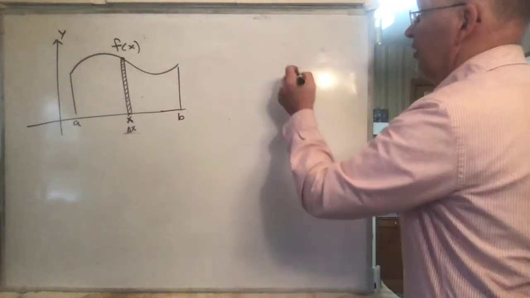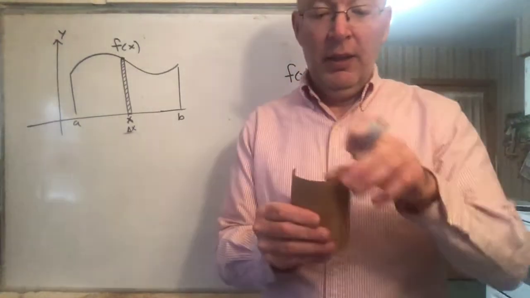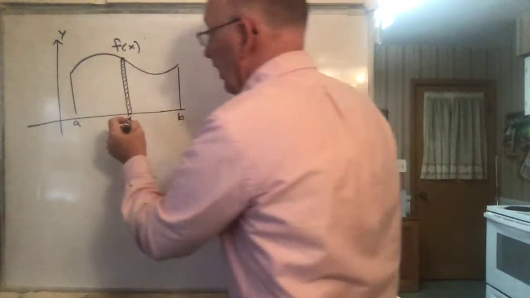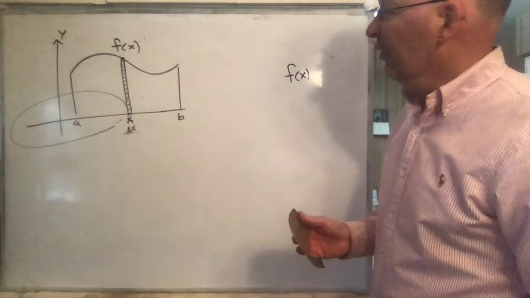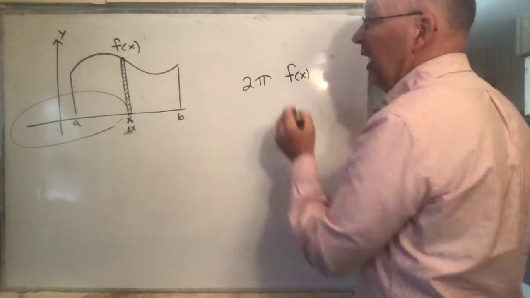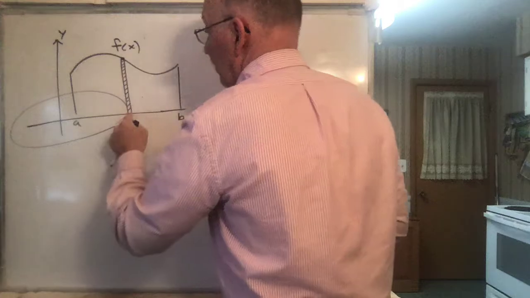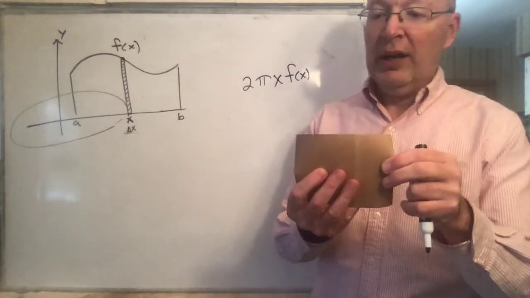The height is just going to be f of x. Then this length of the rectangle, which corresponds to this length all the way around. And that length all the way around is going to be the circumference of a circle, 2 pi, and the radius of this circle is the distance from here to here, 2 pi x. There's the distance around.